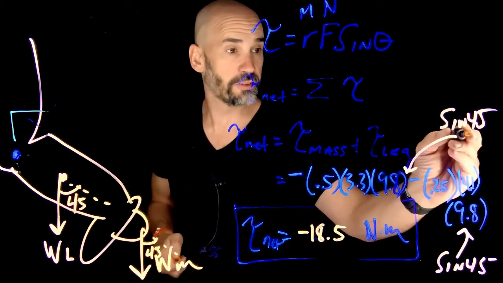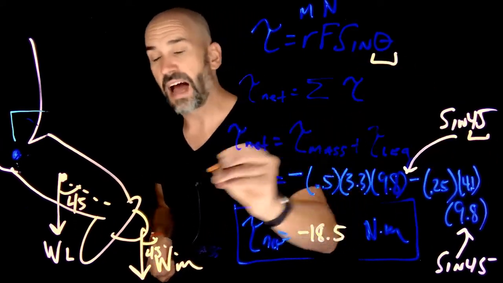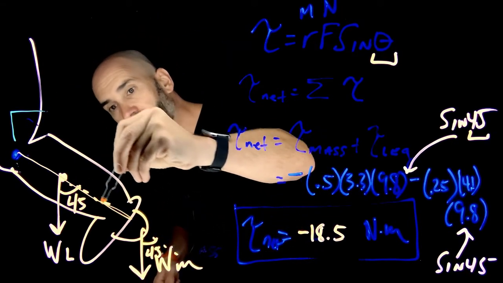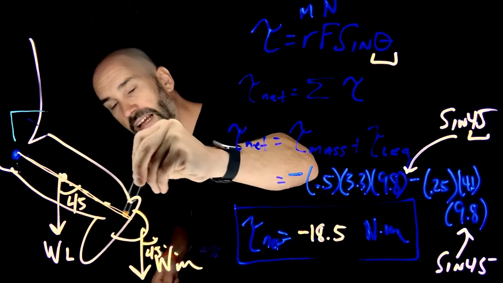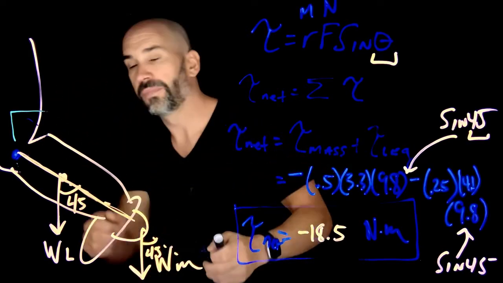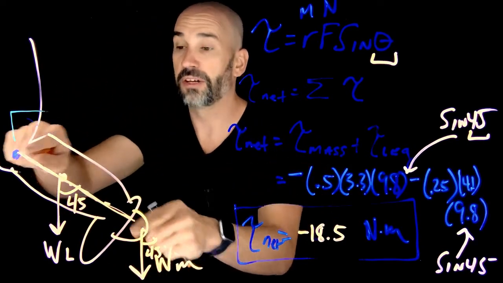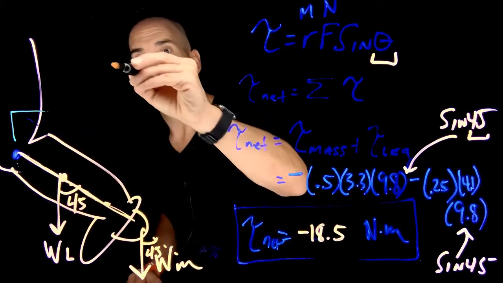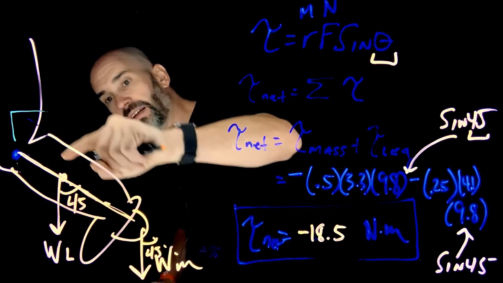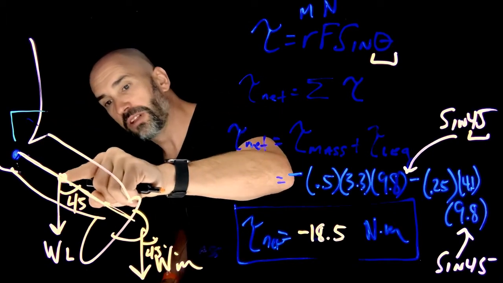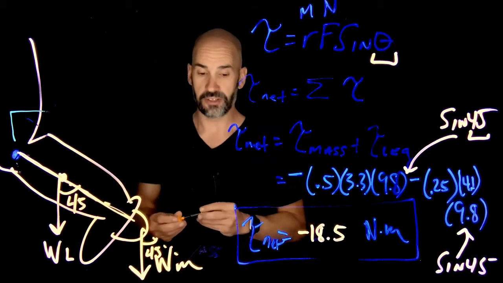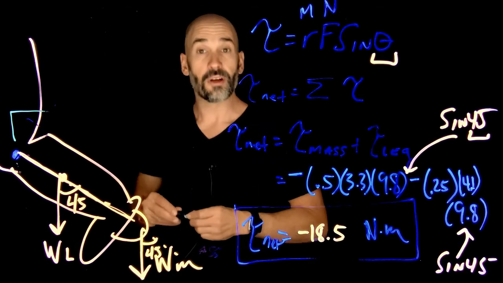Remember, this angle, this theta, is always between the axis, or I guess the line created by the actual object pointing away from the axis of rotation. Okay? So for any object, the angle is between the force and that line coming from the axis of rotation.